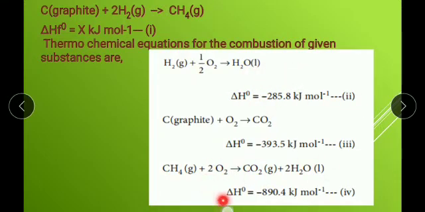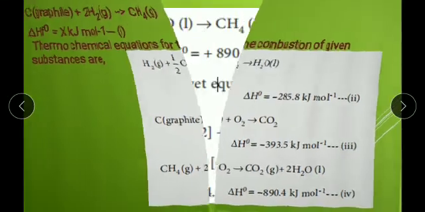So del H naught for combustion of CH4 is minus 890.4 kilojoule per mole. Separately we calculate the del H naught, that is, the heat of formation for water and carbon dioxide, and the combustion of methane. All together we calculated.